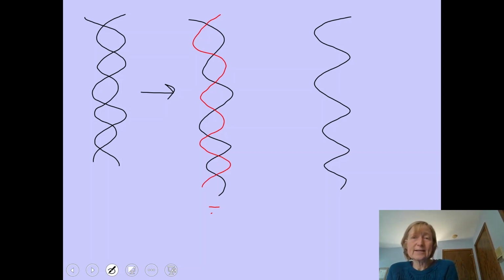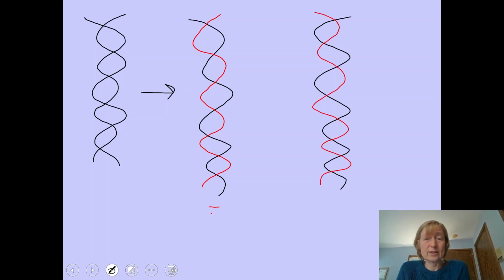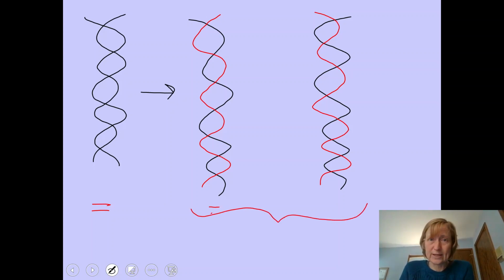The second old strand becomes the template for the building of another strand of DNA. And so what we're left with when we replicate our first strand of DNA is 2 copies of DNA that are identical to each other. They have the same nucleotide sequence, but they each are composed of 1 old strand of DNA and 1 new strand.